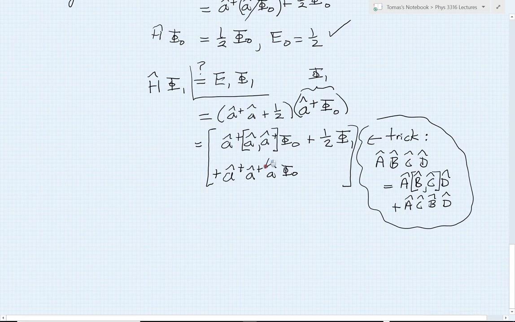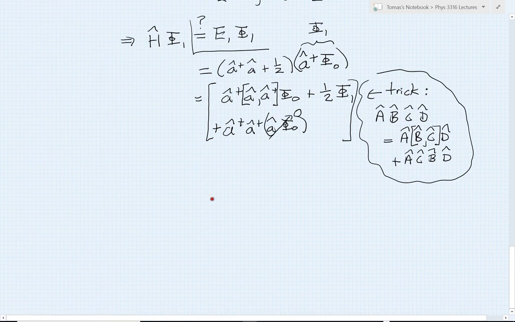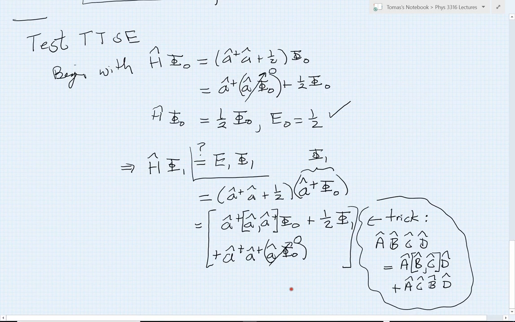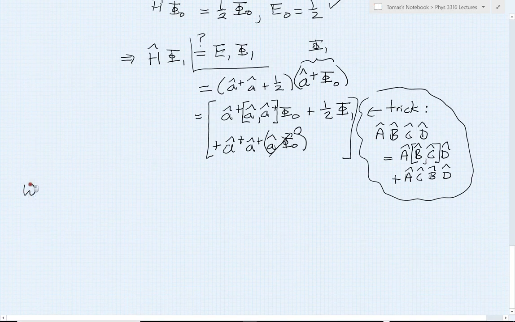Because this a hat on phi naught, we know, as we had seen before, will give me 0. This term is just a constant times my original state. So this all looks very nice. The big question is, what is the value of this commutator? Once we know that, we will be able to come back to this expression and know whether we have satisfied our time-dependent Schrödinger equation. So let's continue on then with our analysis.